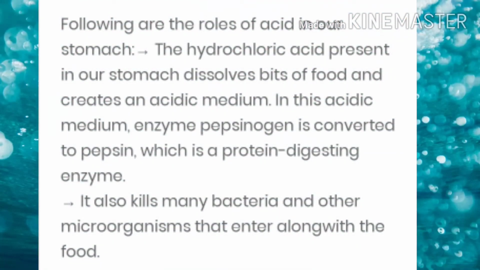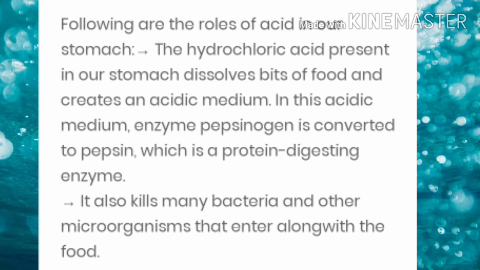Following are the roles of acid in our stomach. Hydrochloric acid present in our stomach dissolves bites of food and creates an acidic medium. In this acidic medium, the enzyme pepsinogen is converted into pepsin, which is a protein digesting enzyme.